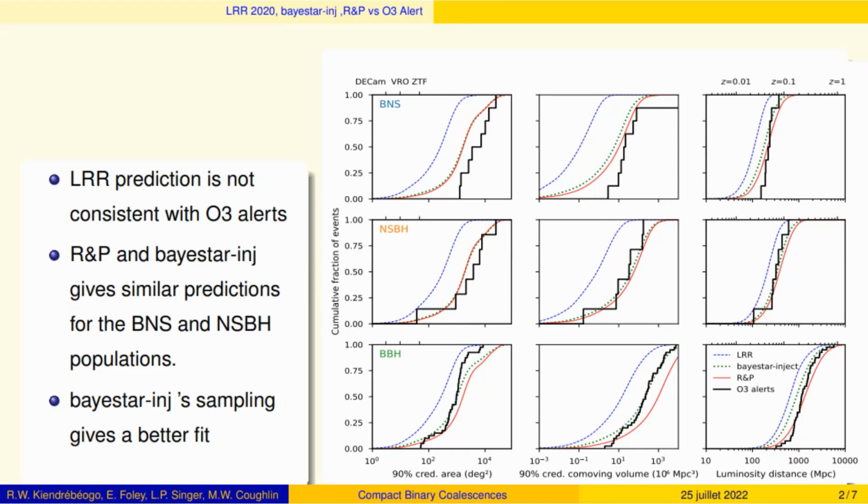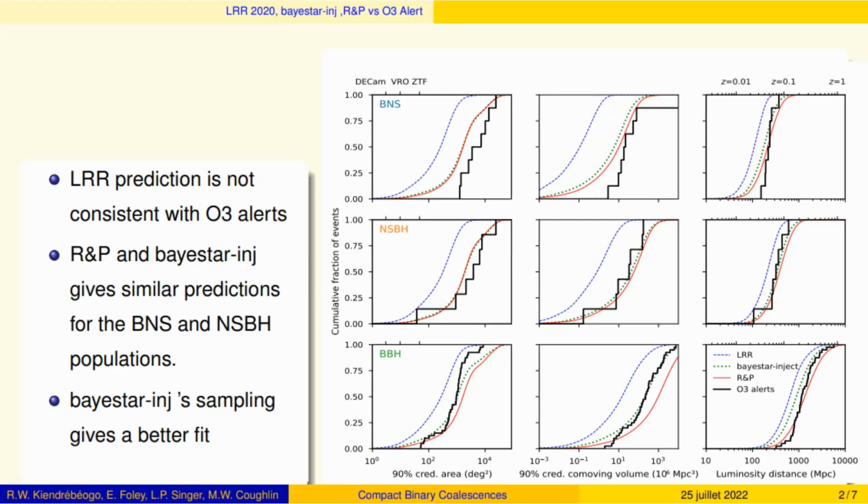It's not great. So our methods, RNP and Bayestar-inject, we're trying to correct this essentially. RNP, which is short for rates and populations, is shown in red. And this takes into account data from previous observing runs. It essentially calculates the conditional probability of events occurring given, in this case, O1 and O2, since this is O3 simulations.